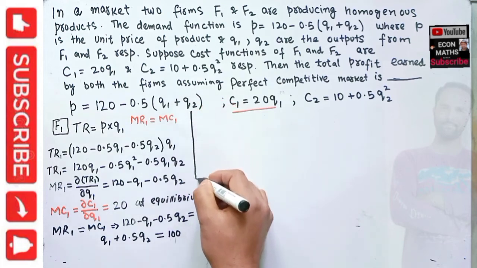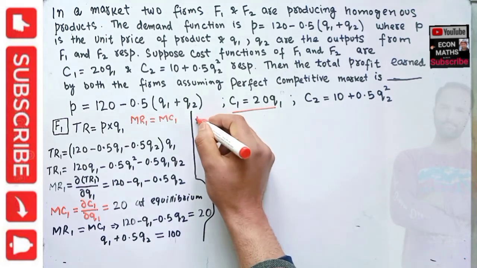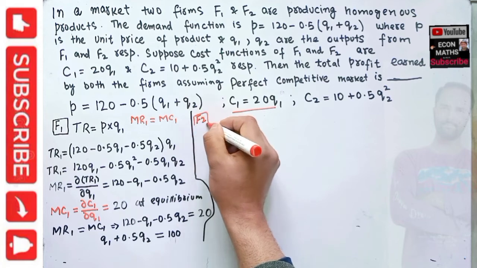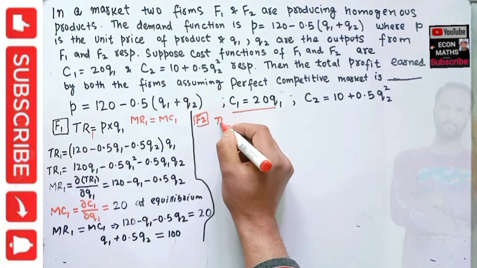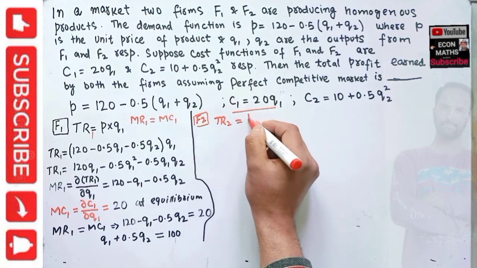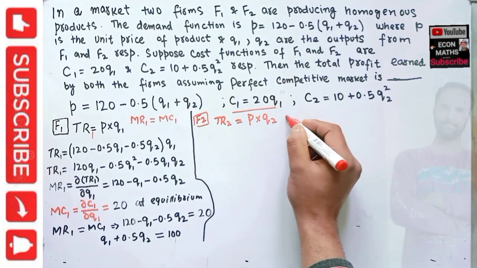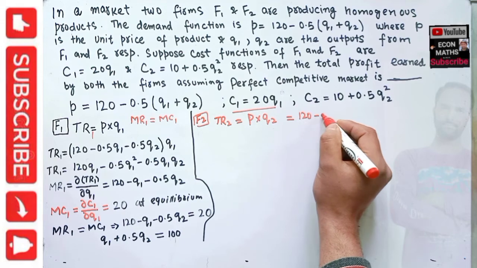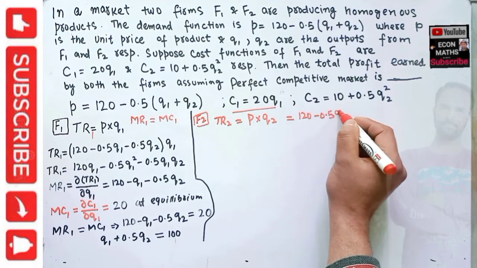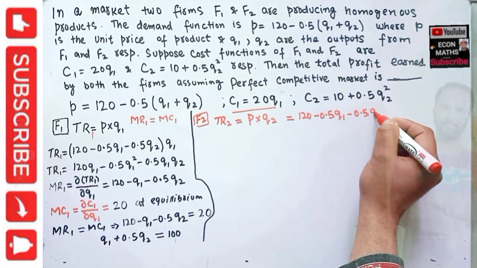So this is the equation for firm 1. Similarly, using the same procedure, let's find the total revenue for firm 2. Total revenue for firm 2 is simply P into the quantity produced by firm 2, and P is given as this function: 120 minus 0.5 Q1 minus 0.5 Q2.